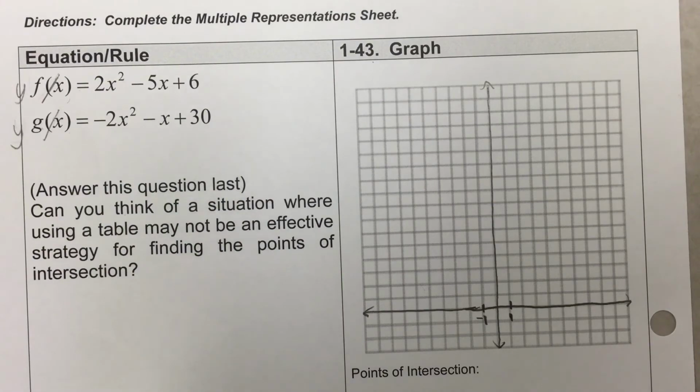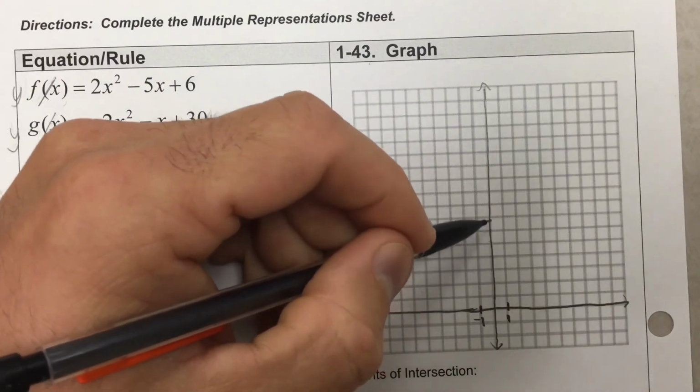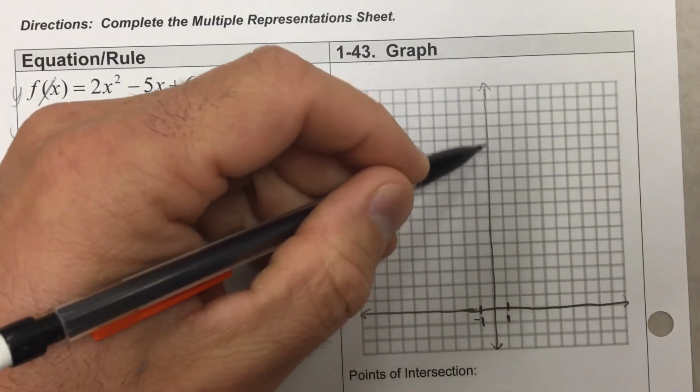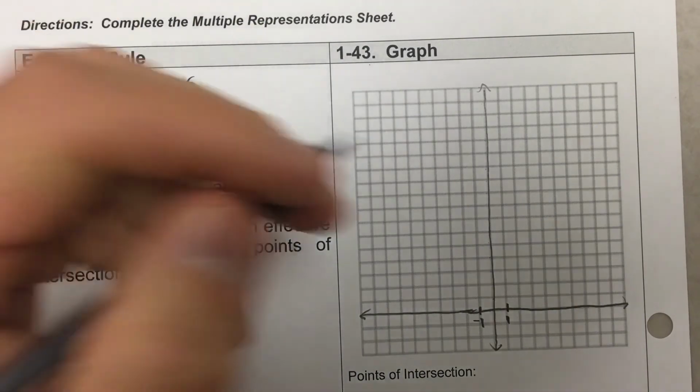Now for the y-axis, I got to get up to at least 30. 1, 2, 3, 4, 5, 6, 7, 8, 9, 10, 11, 12, 13, 14, 15, 16, 17. So if we go by 3s, that would probably be a good amount.